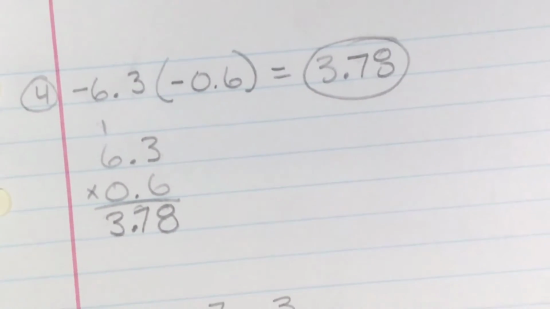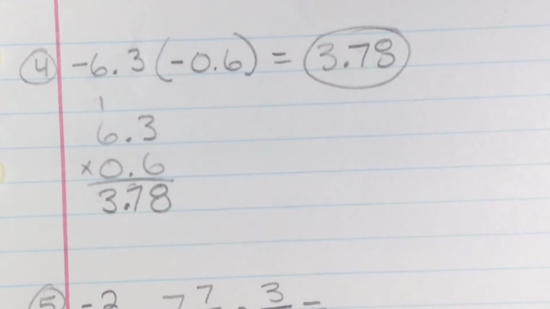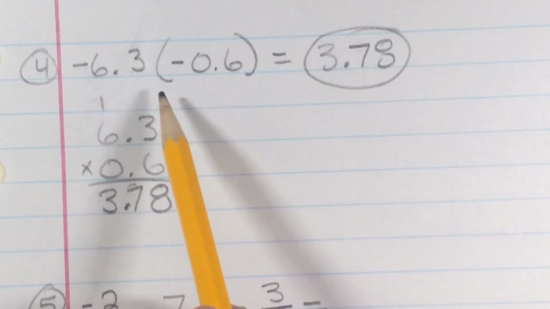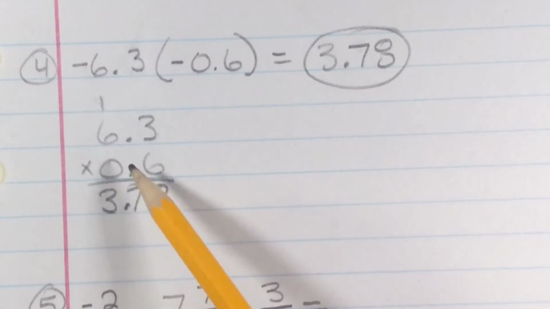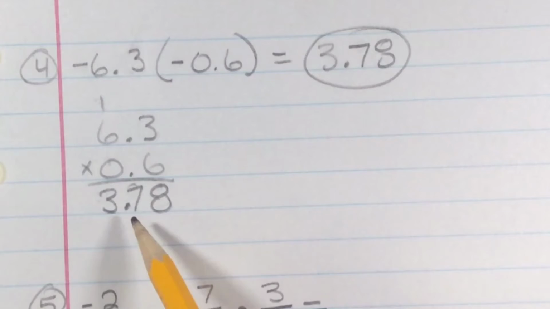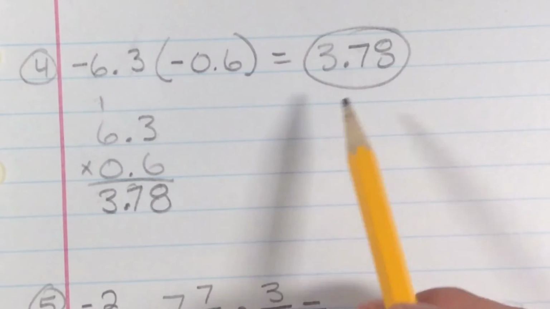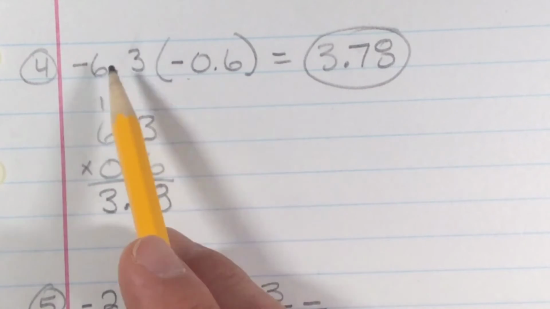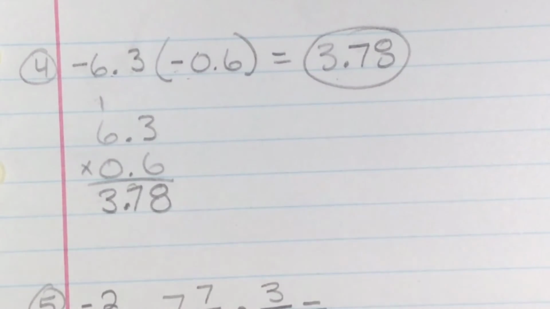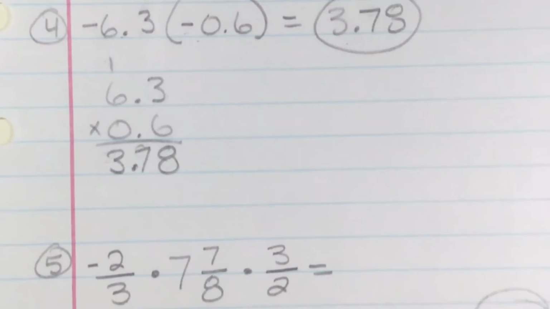For number 4, more decimals. Negative 6.3 times negative 0.6. I multiply as if there were no decimals. When I'm all done, 2 numbers behind the decimal means 2 numbers behind the decimal. And a negative and a negative, so same sign. My answer is positive 3 78/100.